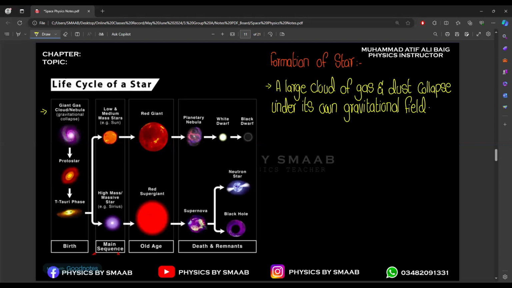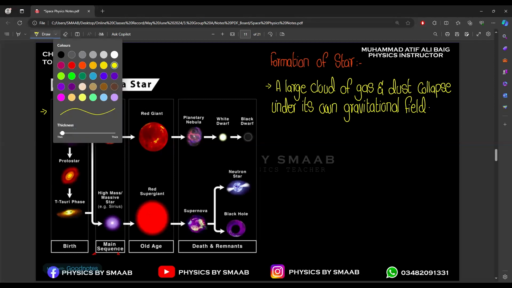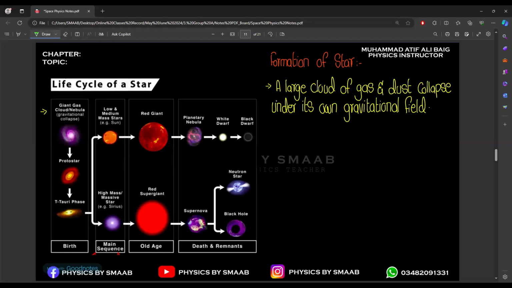Now, what actually happens after this? The second step, you can see, is the protostar. So the second stage is called a protostar.